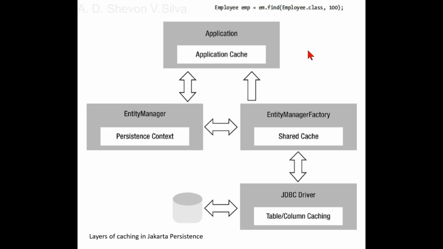Then it issues the find call to the entity manager. The entity manager will likely have a persistence context associated with it, so it checks its persistence context for the entity of type Employee with ID 100. If the entity exists in the persistence context, the managed instance is returned.